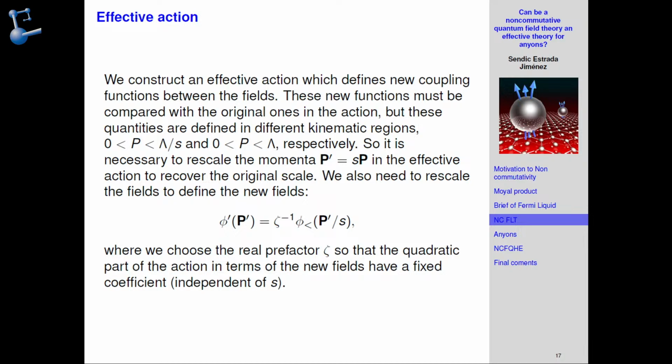We also rescale the fields to define the new fields. It is a renormalization procedure where we choose the real prefactor so that in the quadratic part of the action the new fields have a fixed coefficient, and we have a fixed point for this theory.